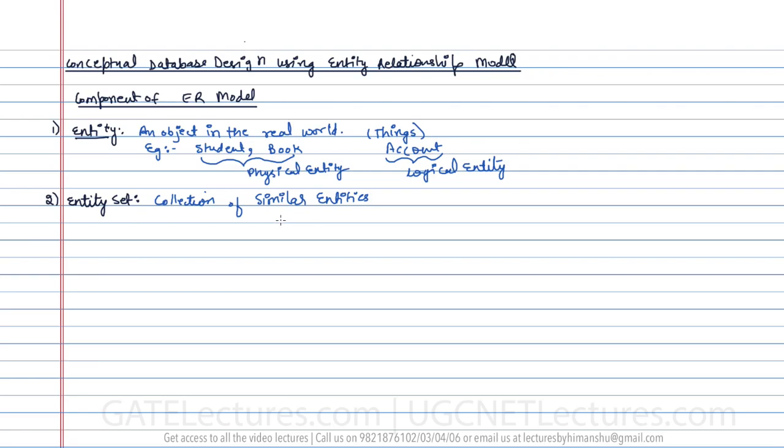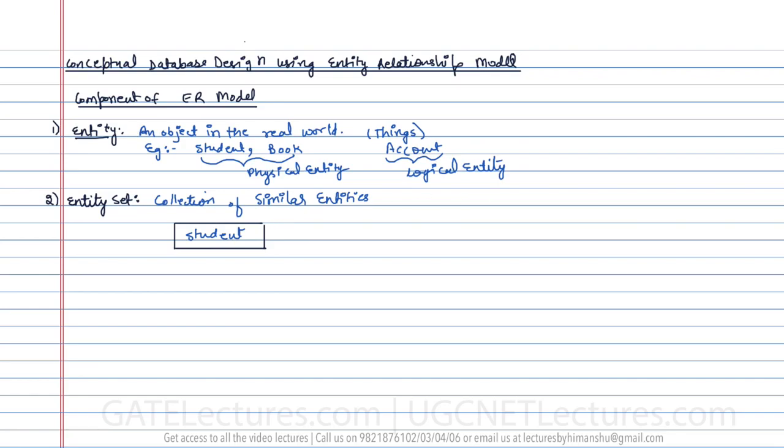But if we take a collection of similar students, then it is called an entity set. This entity set is generally represented by a rectangle. Now this rectangle is representing a student as an entity set.